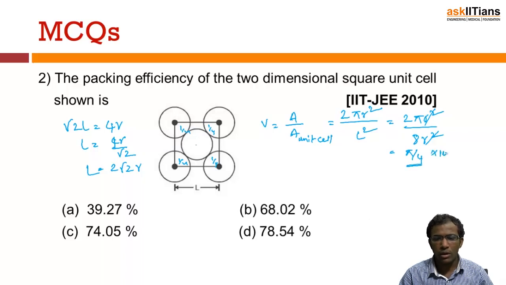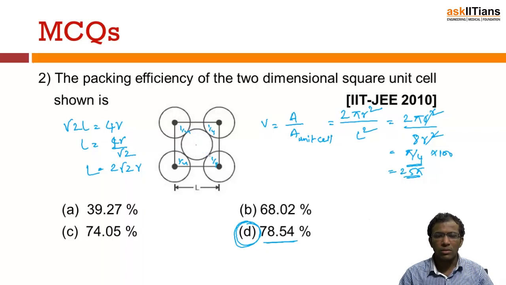Pi by 4 into 100% is 25 pi. Pi is 3.14, so it will be 78.54, the packing efficiency of this 2D square unit cell. Here it is a 2D problem, so instead of volume we have to take the area: the area belonging to the square divided by the area of the cell as a whole.